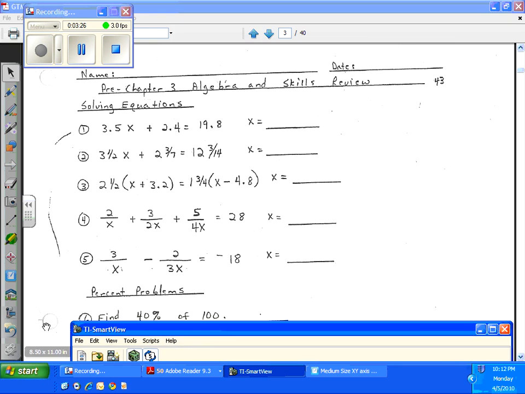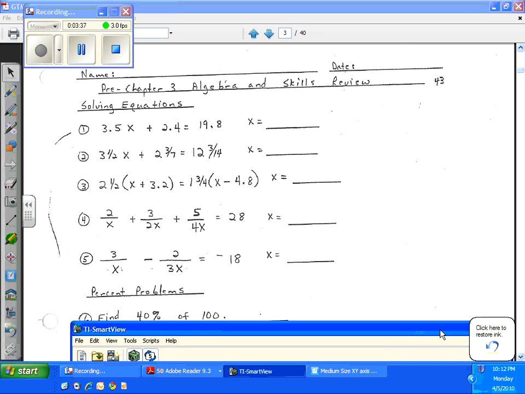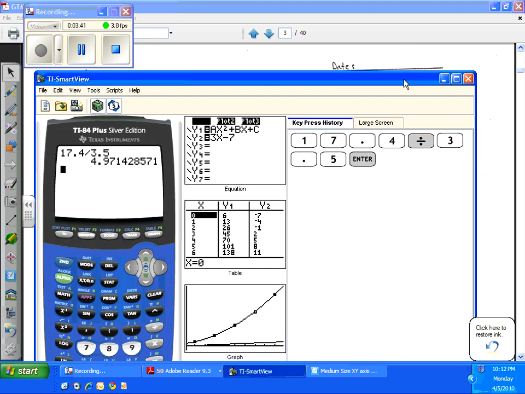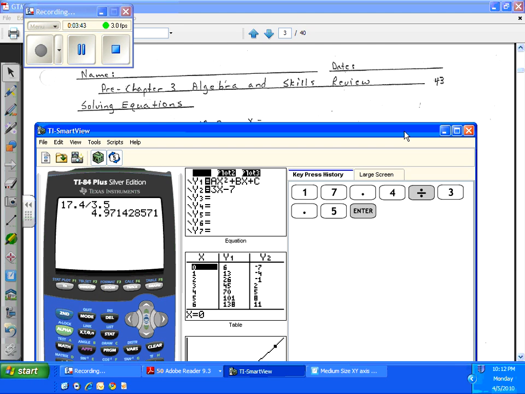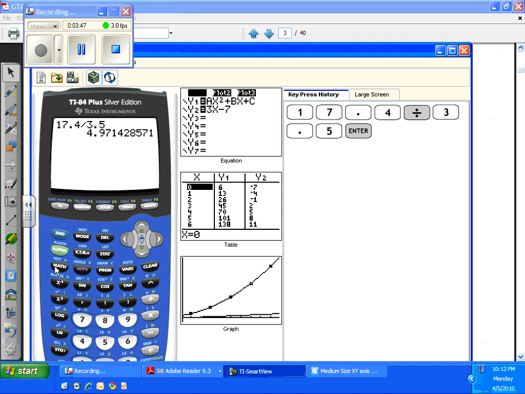So we'll go back and see if that's the right numbers. 17.4 divide 3.5. And so we would allow you to round there. You could go to math.